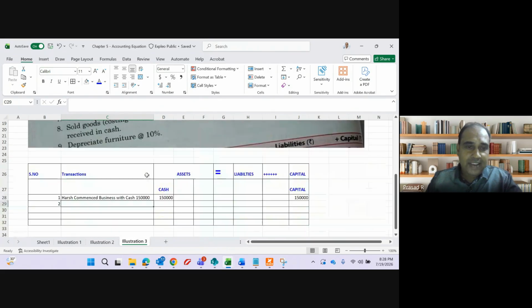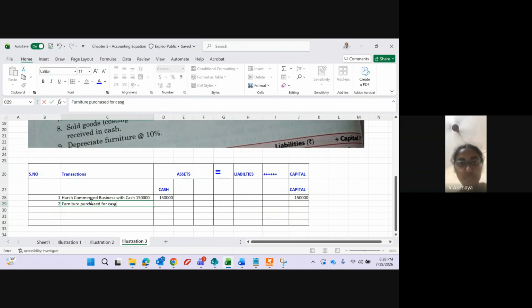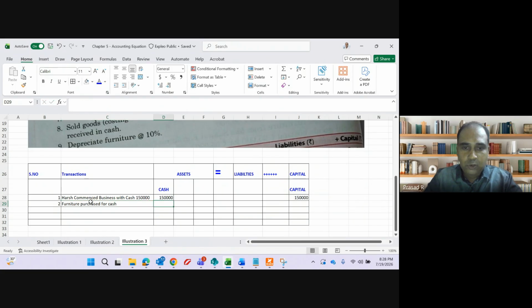Furniture purchased for cash. This also we did in the last question. Cash account decrease, furniture account increase. What is the amount, guys? 20,000. Furniture, cash will decrease.